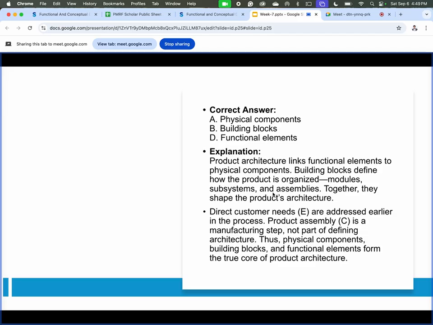Building blocks define how the product is organized. Modules, subsystems, and assemblies together shape the product's architecture. Direct customer needs are addressed early in the process. Product assembly is a manufacturing step, not part of defining the architecture. So thus physical components, building blocks, and functional elements form the true core of product architecture. So A, B, and D is the right answer for this question.